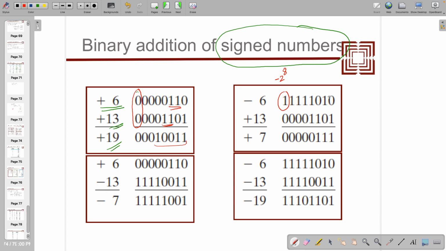Manushri, this is fine, minus 6. This is plus 13. So the addition of these two, of course, is plus 7. The same has been checked for different varieties of possibilities.